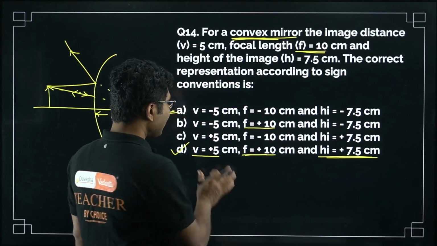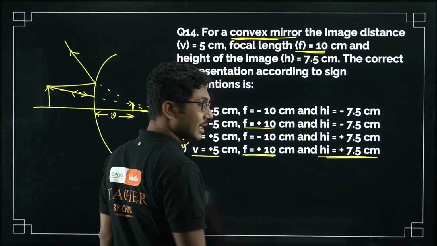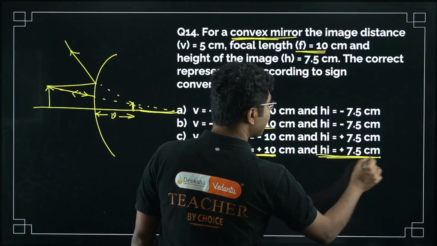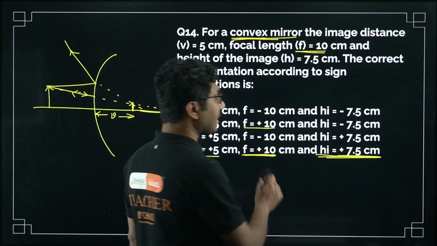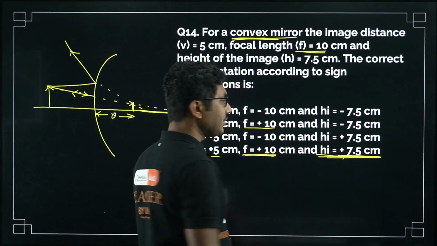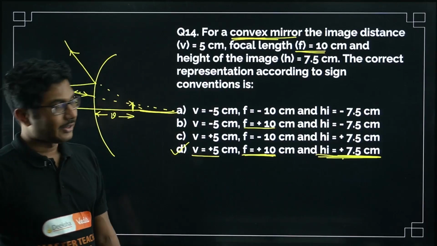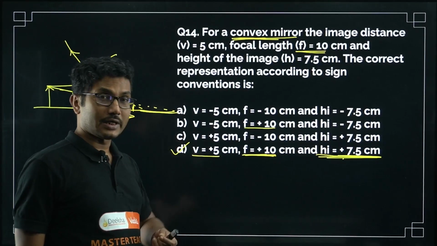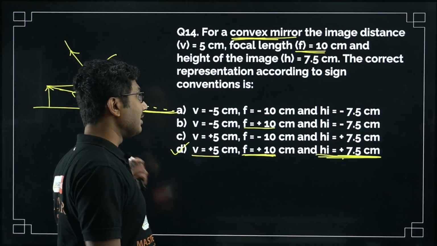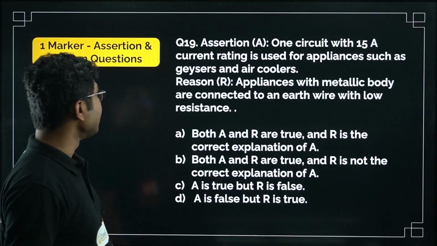In fact, even if you are not sure about v, you know that for convex surfaces focal length is positive and object height is always positive. Based on that combination also you can answer; this is the only possible combination which makes sense. So v will be positive in this case, right? Even if you are not sure, you can answer it, but you have to be careful. This kind of question is nowadays a common question, right? So let's move on to the assertion and reason based question.